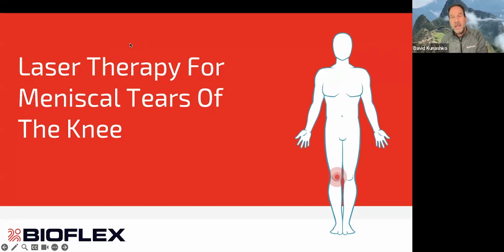They become problematic because they tend to be a source of pain and discomfort and stiffness, as well as, if they get fairly large or significant, then actually impede mobility of the knee too. So this is why it's really important to, number one, have a good diagnosis to see what's going on with your patient, and then to see if they're a candidate for laser therapy over surgery, for example.